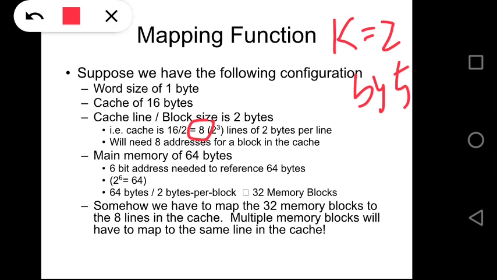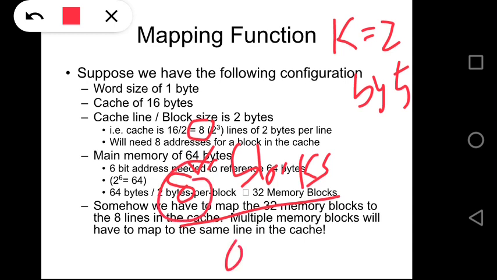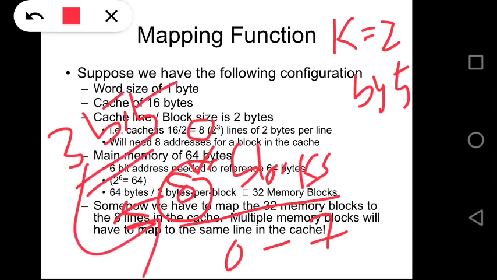Now we need addresses for the blocks in the cache. Yes, because we have 8 blocks, we need to address those 8 blocks starting from 0 to 7. How many bits are required? 3 bits. 3 bits are required to address 8 different blocks.